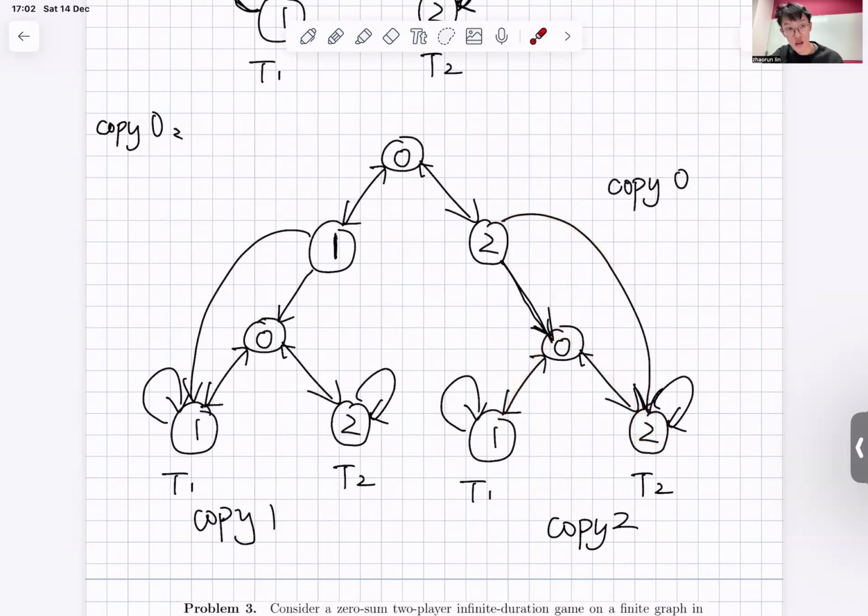So the algorithm is: if there is an edge UV in copy 0, the original game, we add an edge. If U is in T1, we add an edge to V in copy 1.